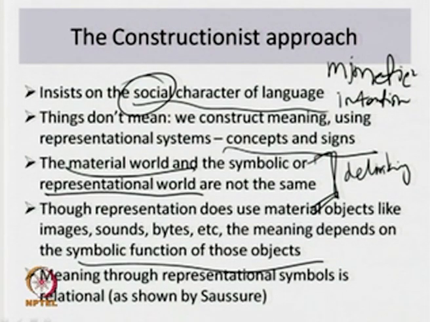Finally, as Hall suggests, meaning through representation symbols is relational. You can refer to our lecture on structuralism, where we discussed how meaning is relational in a chain. Language is seen as a system of differences, a system of relations, a system of arbitrary signs called words, and meaning, being both systemic and systematic, comes about in a system of relations with one another.